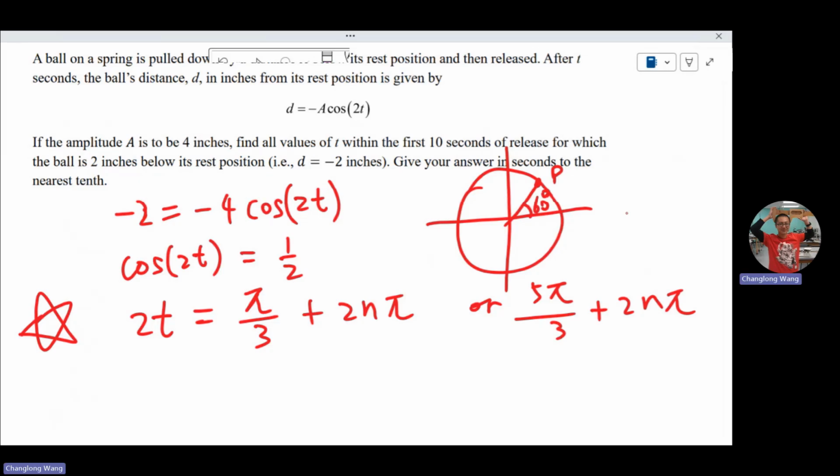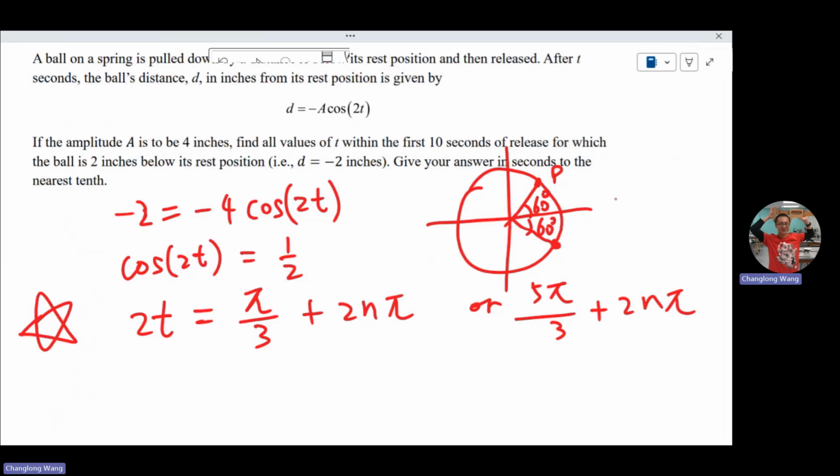So can you ask yourself where would the other point be so that it will have the same exact horizontal coordinate as the P? That has to be right over here, and that point Q makes an angle of 60 below the horizontal line.